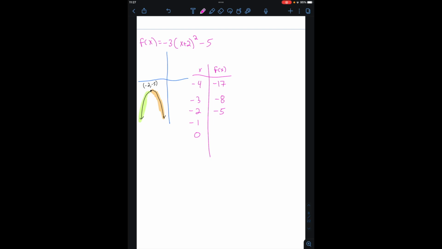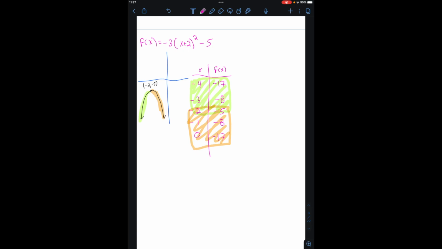And then by symmetry, we should expect to get the same things on these points, right? So if we think about it, our green half of the function would be right here. That's the left side of this function. And the right side of the function is here. And they sort of share this vertex point, because we could include the vertex in either one.